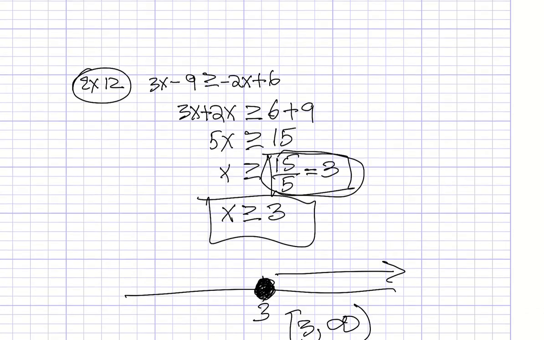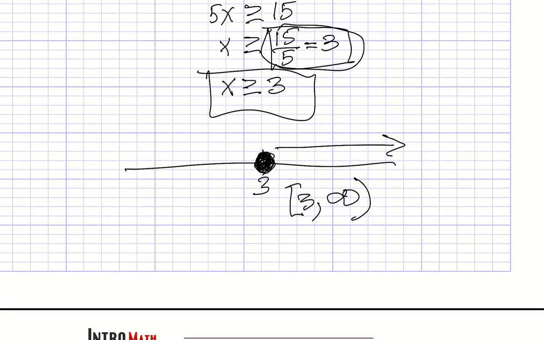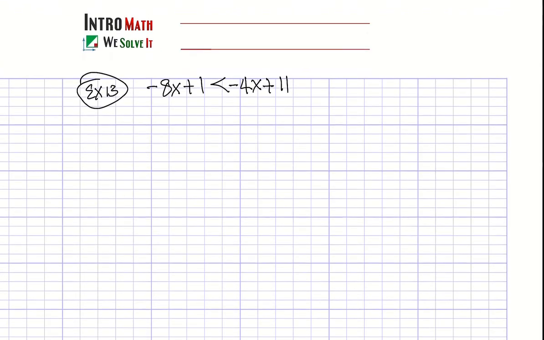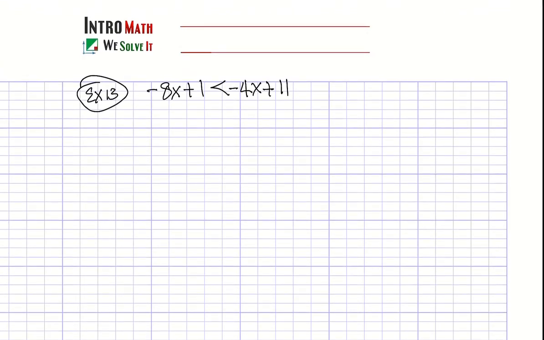So let's go to number 13. We're on a marathon here. Number 13 is negative 8x plus 1 less than negative 4x plus 11, okay?